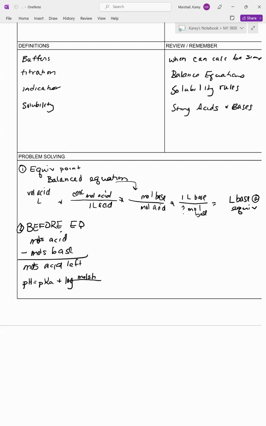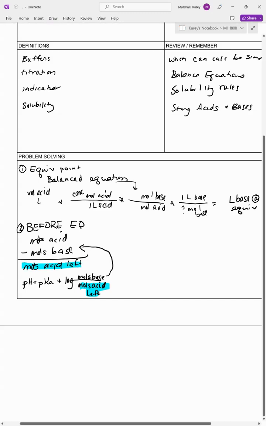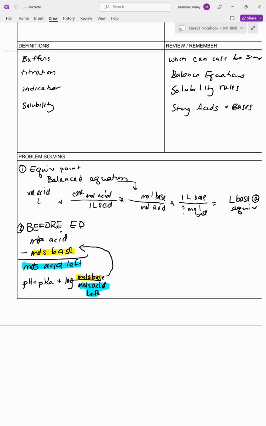We're going to have the moles of base from right there, and then we're going to divide that by the moles of acid left. So the moles of acid left are here, and the moles of base value here, and you should be able to calculate the pH that way.